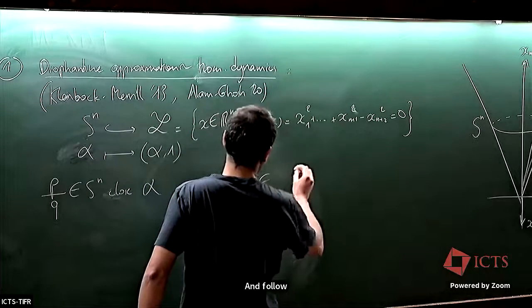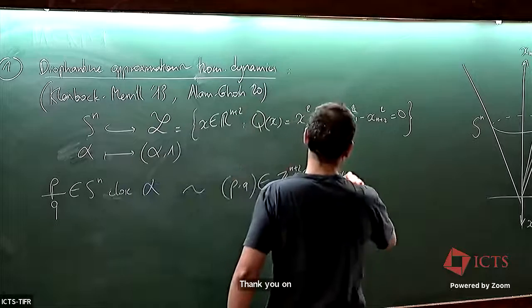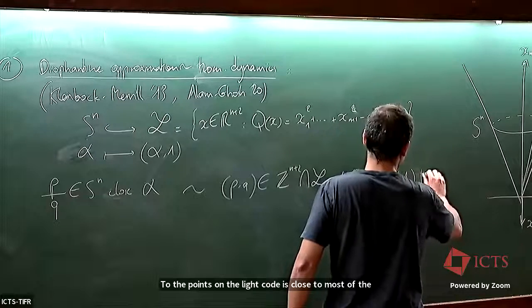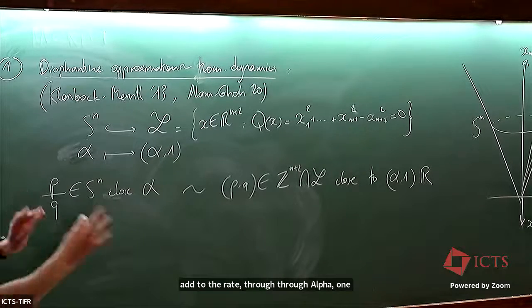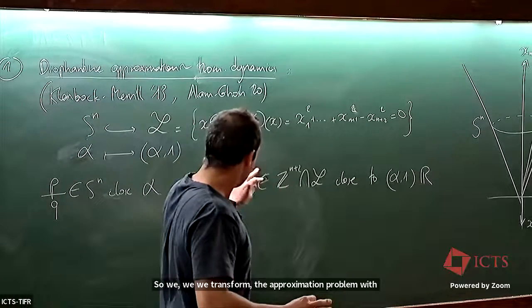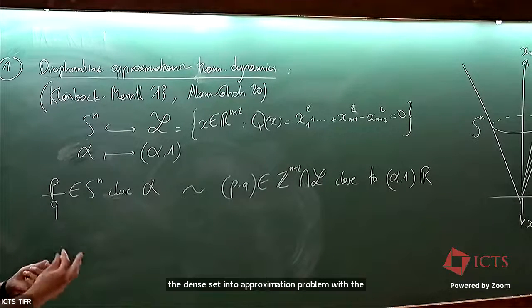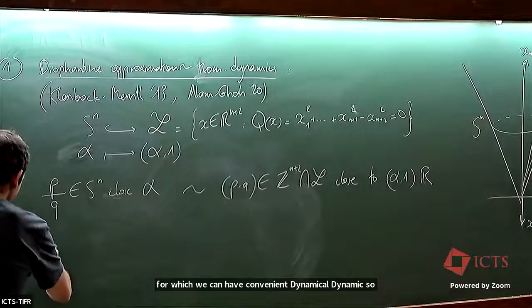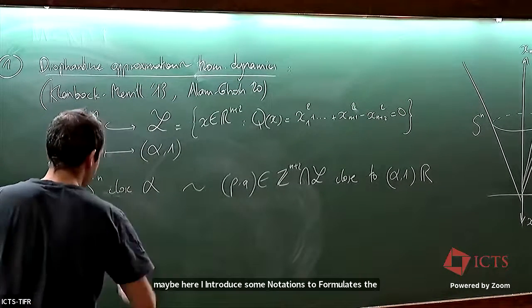So we transformed the approximation problem with a dense set into an approximation problem with a discrete set, integer points on the light cone, for which we can have convenient dynamics. Here I introduce some notation to formulate the problem in dynamical language.